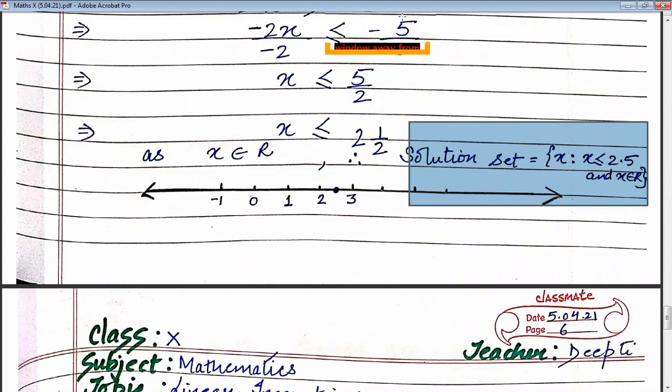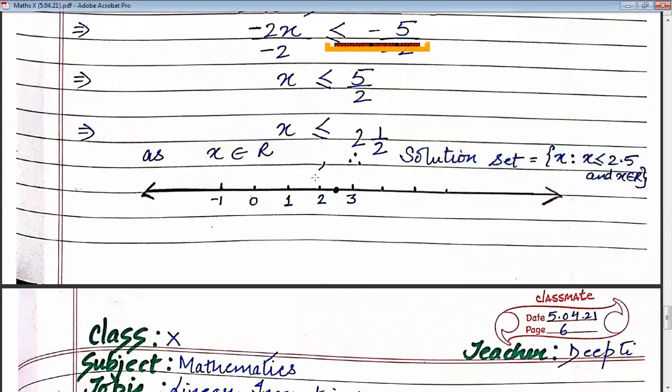On this number line, you have to show 2.5, and show everything with a dark line over here, all those values which are less than 2.5. You will start from 2.5, and as it is a real number, all those points will come as the solution set. Is it clear, children? This is your representation of the solution on the number line.